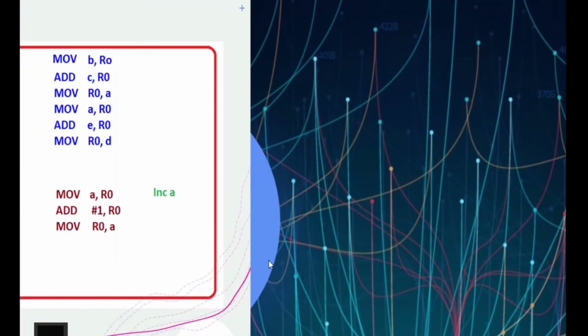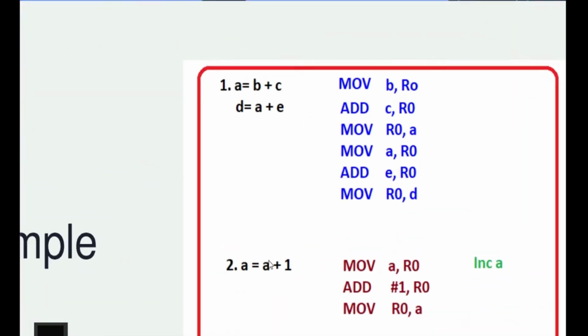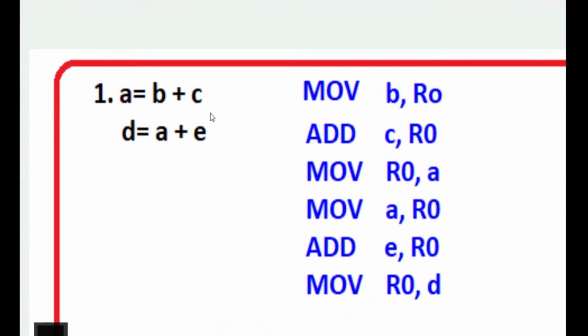For example, see here, A equal to B plus C. How will we write a target program for this expression? First we will move B to register R0. Then we will add C with register R0. Then finally we will move the value that is present in register R0 to A.